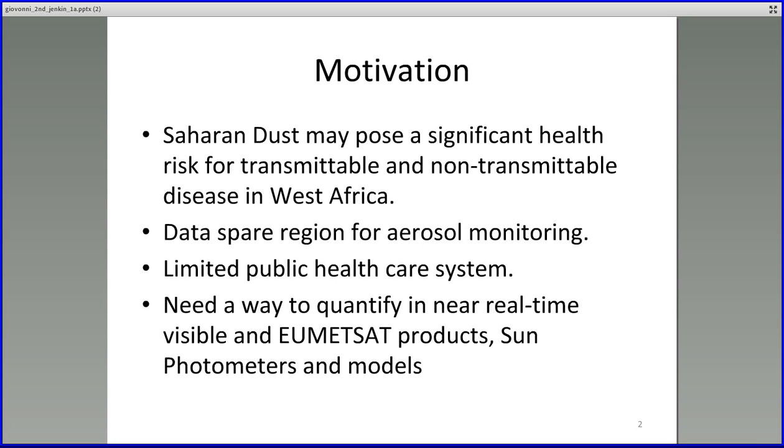It has a very limited public health care system, as we've found out is the case with Ebola in some of the countries like Liberia and Sierra Leone. And further, we need a way to quantify the near real-time products of visible images and some of the EUMETSAT products. We also have ground-based sun photometers, and eventually we want to do hindcast with models, aerosol models.